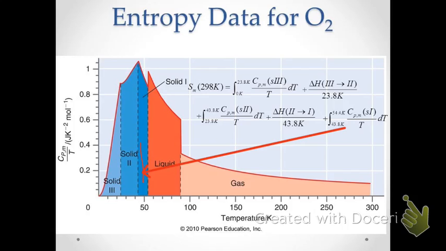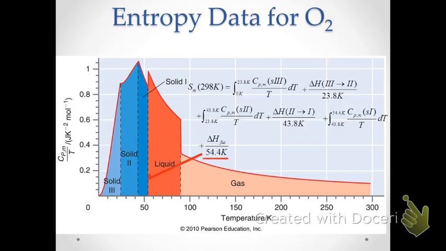And again, the area under the curve in that region corresponds to the integration. And then it melts. And at the melting point, we add the enthalpy of fusion divided by the temperature. So there's the entropy of fusion associated with the transition from solid phase 1 to liquid oxygen at 54.4 Kelvin.